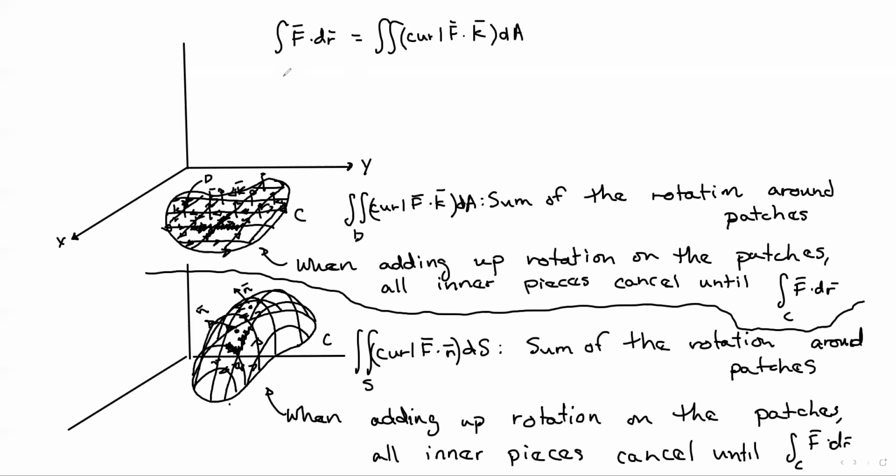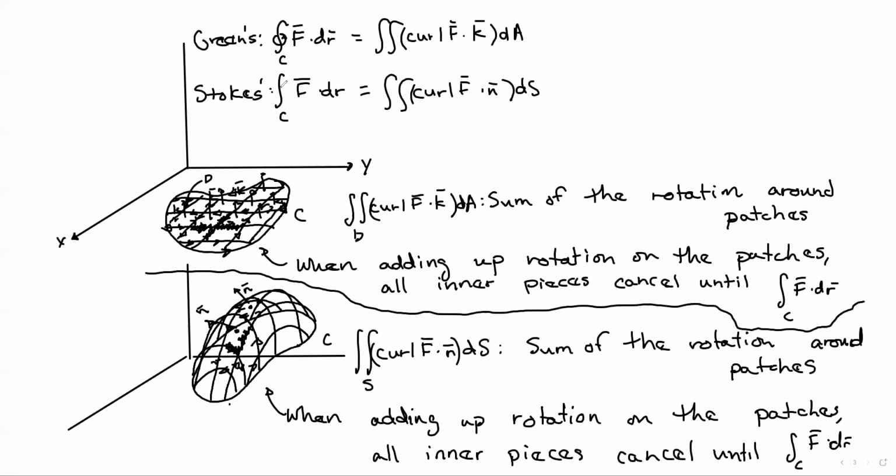So there's our Green's, and then we've got Stokes: the integral of F dot dr equals the curl of F dot n dS. So they both essentially say the same thing.